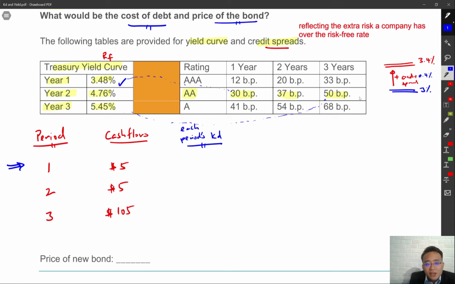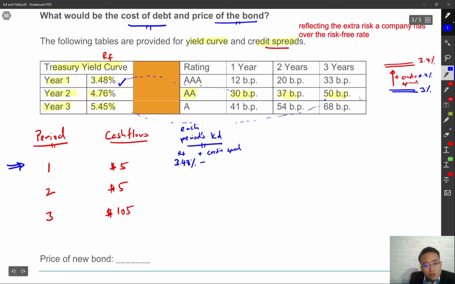You are making the investor wait 1 year to receive his $5 coupon. If you do so, what would the investor expect? He would want to earn 3.48%, which is the risk-free rate. But remember, you are not the government. You are not risk-free. He's going to say risk-free plus credit spread.